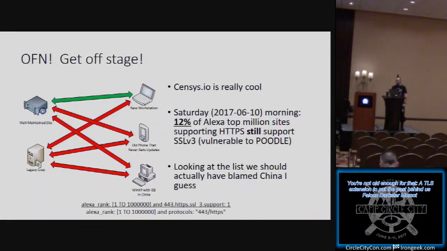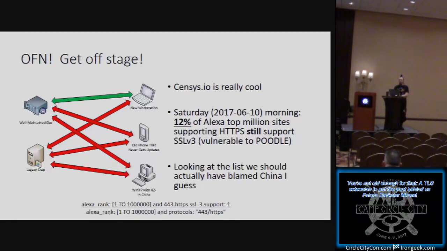So, I know, my stats are old, but I actually ran them again yesterday morning and I found that still 12% of sites continue to support this here in 2017 from this issue that was disclosed in 2014. So the solution that we have right now of disabling things and updating everything post-haste clearly is not working.